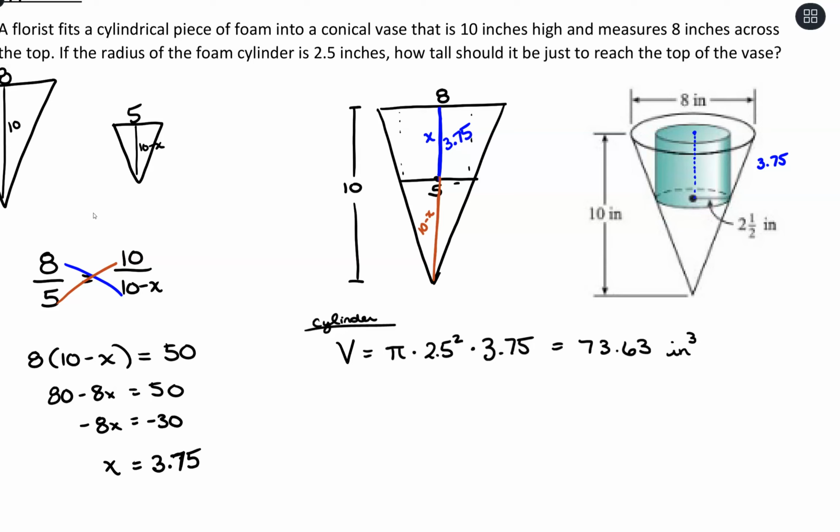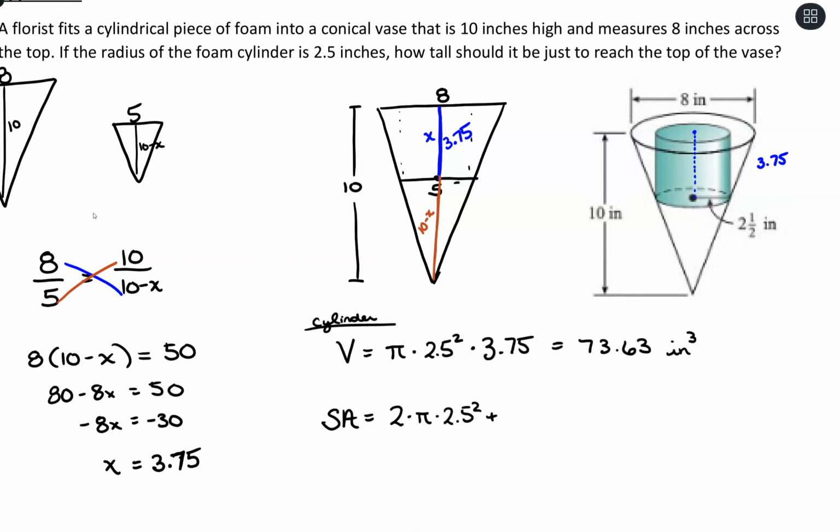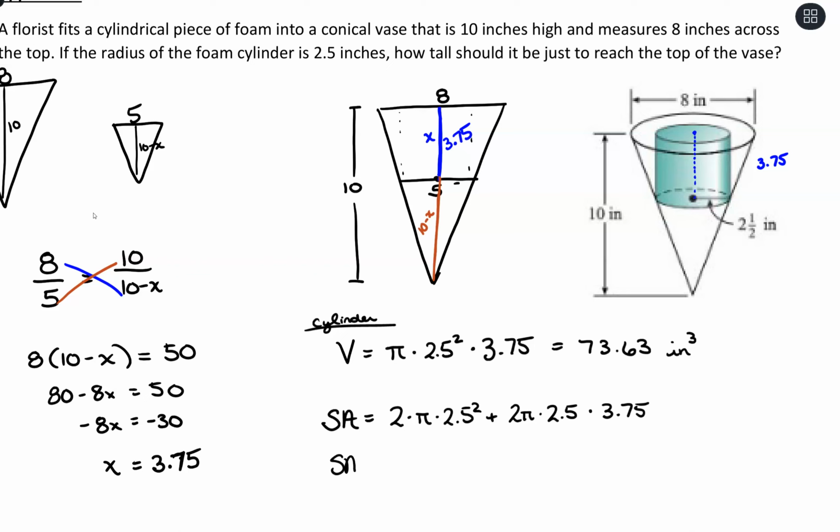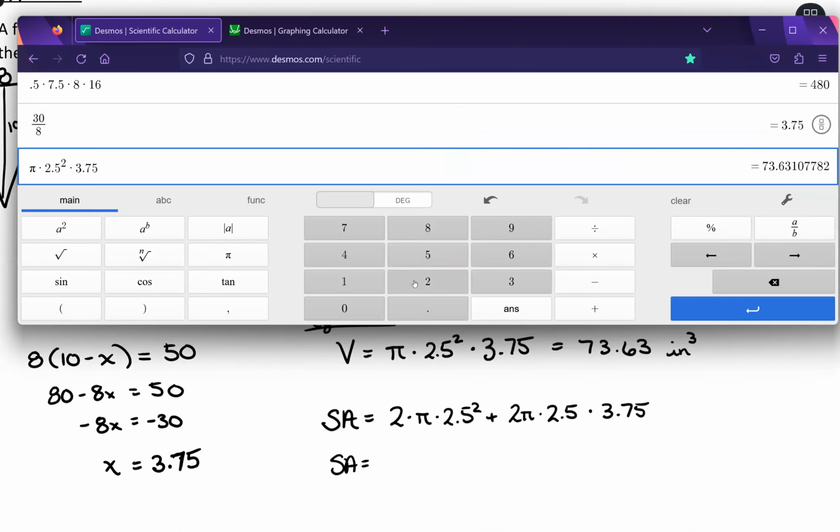Let's see, we wanted to know the surface area of that foam cylinder. We would take 2 of the circles plus the circumference, 2 pi r, times that height. So surface area, we just plug all of that in.